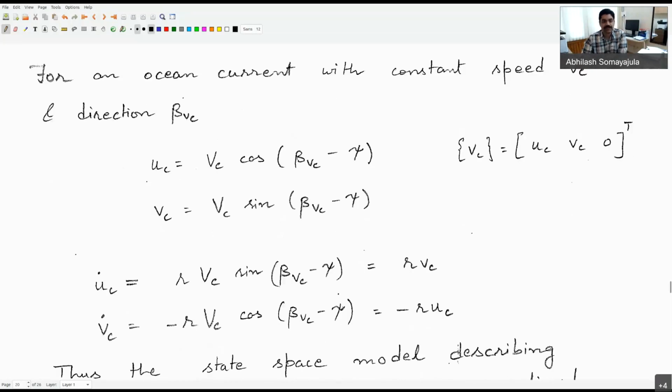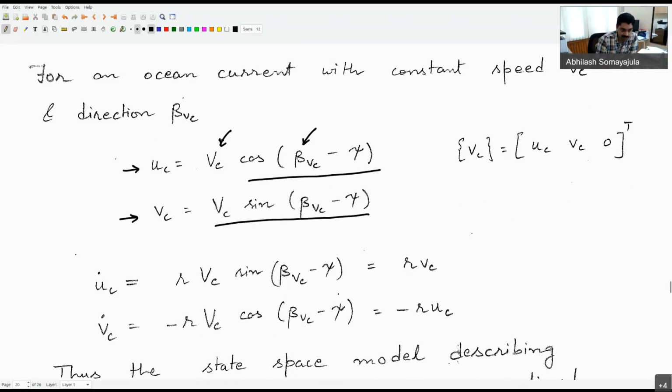Let's say the actual velocity of the current is capital Vc, and it is incident at an angle of beta Vc. Then the x component of that will be given by the cosine of this angle difference, and the y component will be given by the sine of this angle.